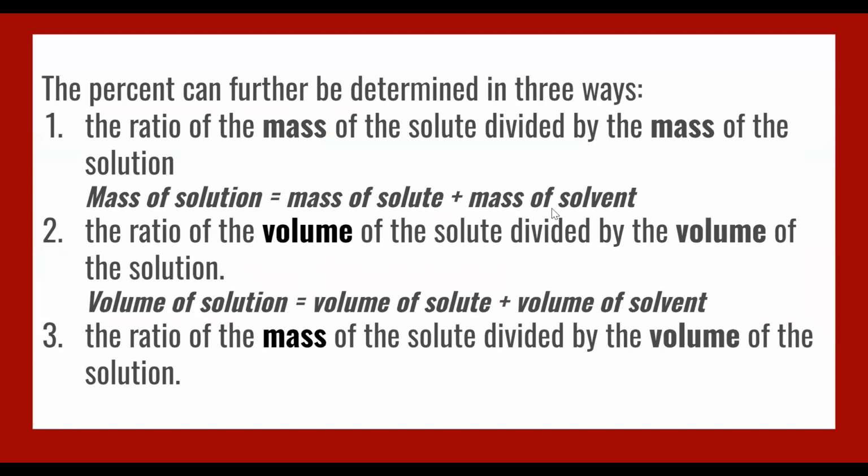The percent can further be determined in 3 ways. Number one, the ratio of the mass of the solute divided by the mass of the solution. When we talk about mass of solution, we mean mass of solute plus mass of solvent. The second way is the ratio of the volume of the solute divided by the volume of the solution, where the volume of solution is equal to volume of solute plus volume of solvent.